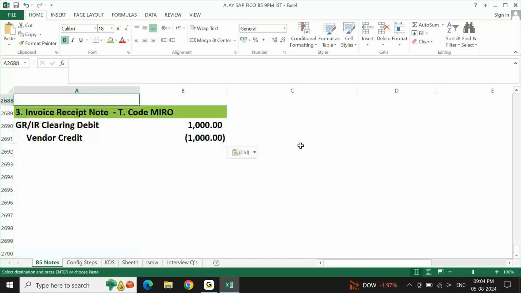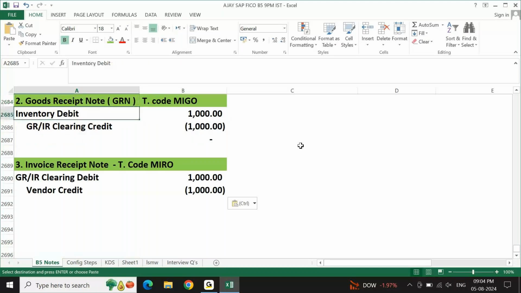Here, your debit is not going to be inventory account. Your debit is going to be the P&L expense account. P&L expense account debit, GRIR clearing account credit.